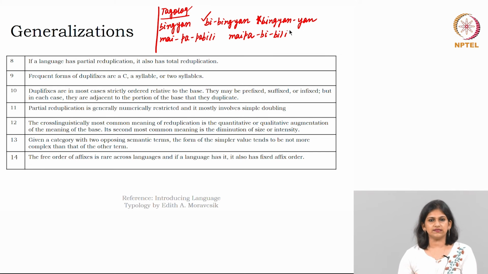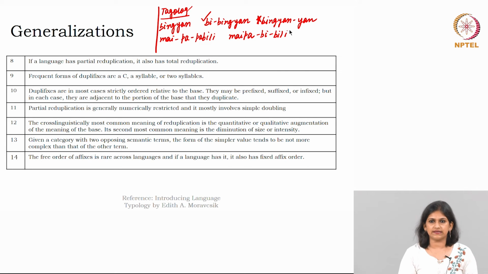So, these are just some examples from languages like Tagalog. However, in most cases the duplifix is adjacent to the part of the base that is reduplicated. What is reduplicated in this case? The pa and bi.